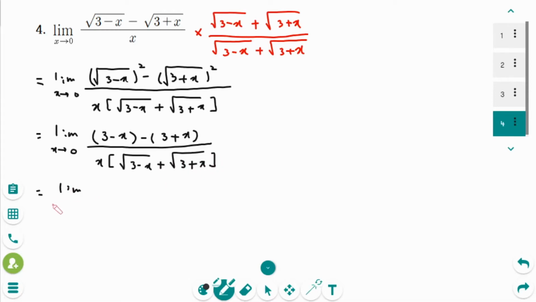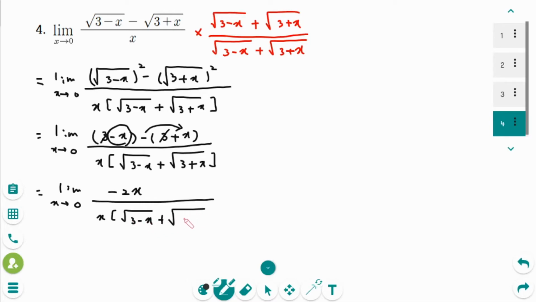And as x approaches 0, 3 minus 3 we can cancel, and then minus x and minus x, which is minus 2x, is left over. And then x times square root of 3 minus x plus square root of 3 plus x.